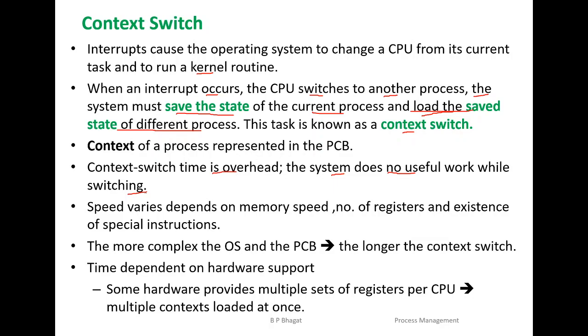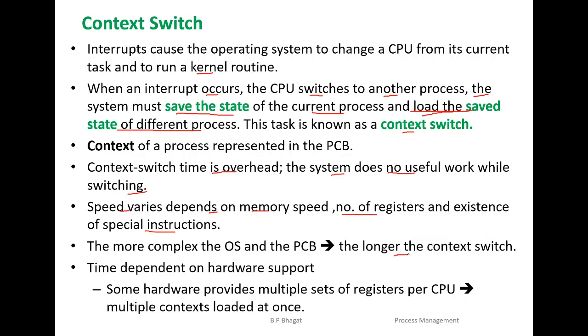Depending upon the system's architecture, the speed varies depending on the memory speed, the number of registers, and the existence of special instructions. The more complex the operating system and the process control block, the longer the context switch time will be.